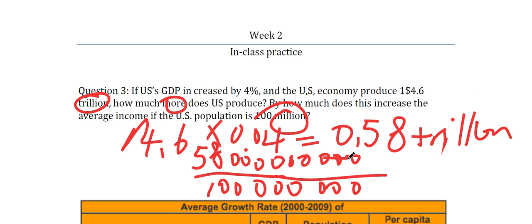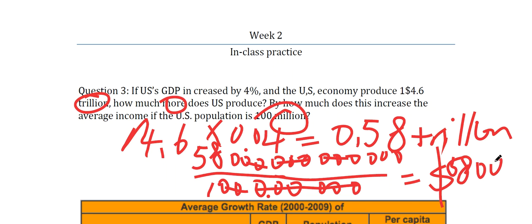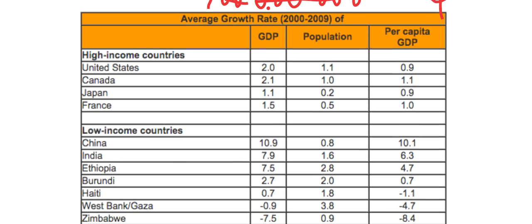Cancelling zeros on both the numerator and denominator, I will end up with 5,800. So this is the answer to the third question of this practice question. So the last one.